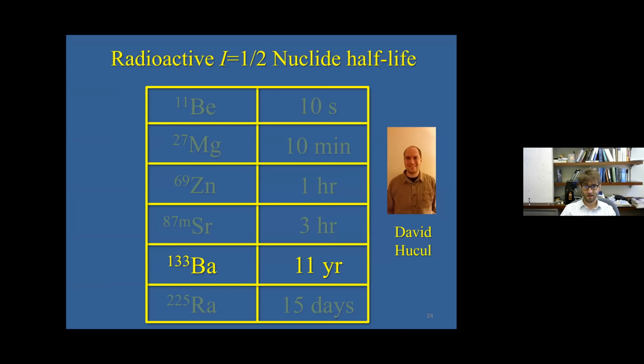So this is not what you would call T1 limiting. If we end up being limited in our coherence time because of the radioactive decay of the nucleus, I'll be pretty happy because that means our coherence time is really, really long. So it's not that bad. And in terms of dealing with the radioactivity, let's keep in mind that we're talking about machines that have of order 50 qubits.